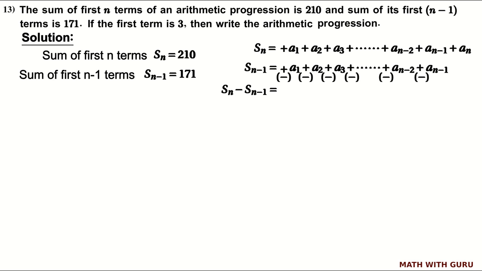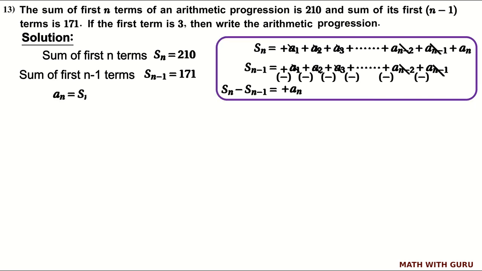Now, plus A1 minus A1, they get cancelled. Plus A2 minus A2 get cancelled. A3 minus A3, they also get cancelled. Similarly, An minus 2, An minus 2, they also get cancelled. These also get cancelled. Only plus An remains.